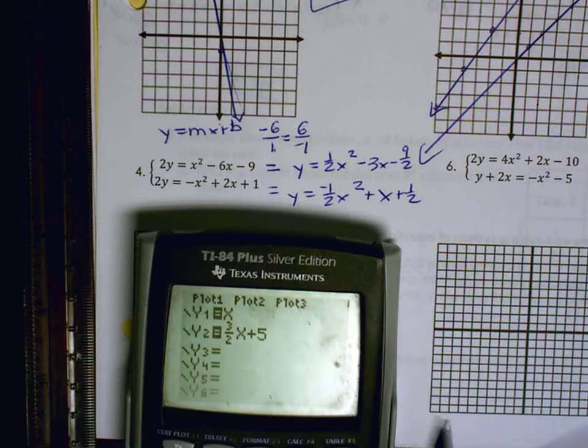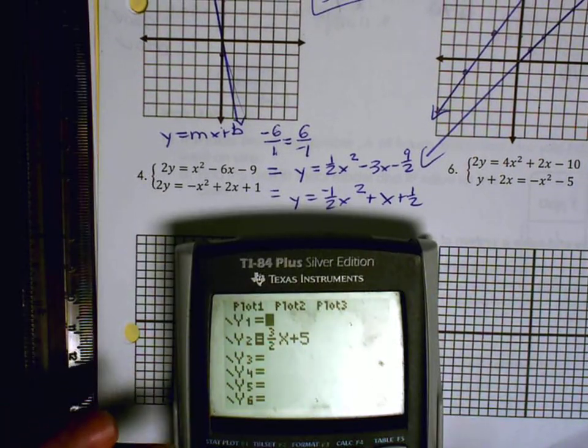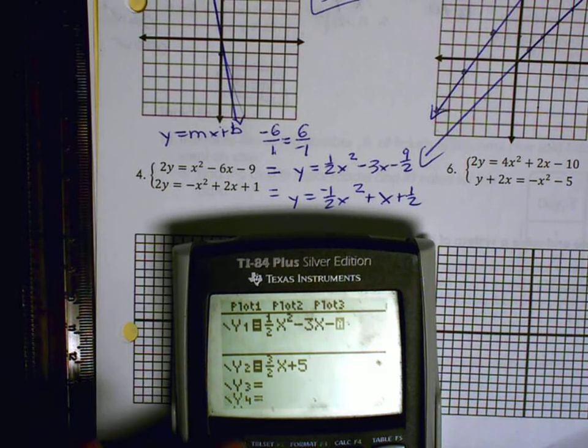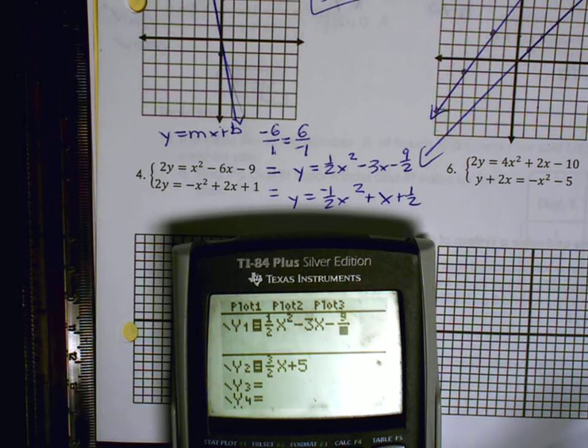So I go back to y equals. I'm going to put 1/2 in, so alpha fraction 1/2 x squared minus 3x minus alpha y equals again 9/2.